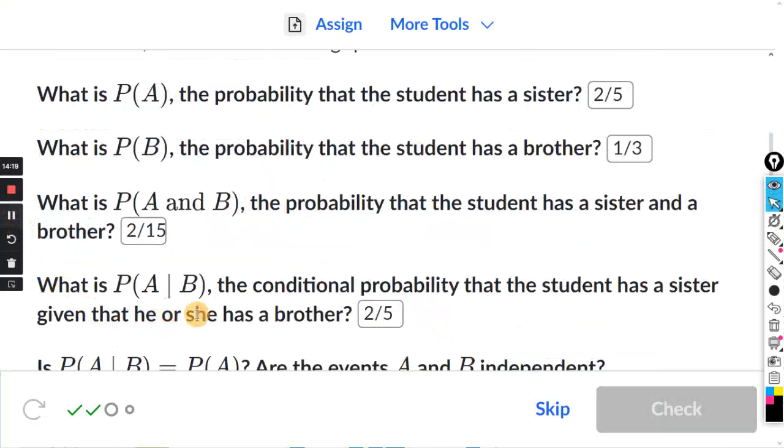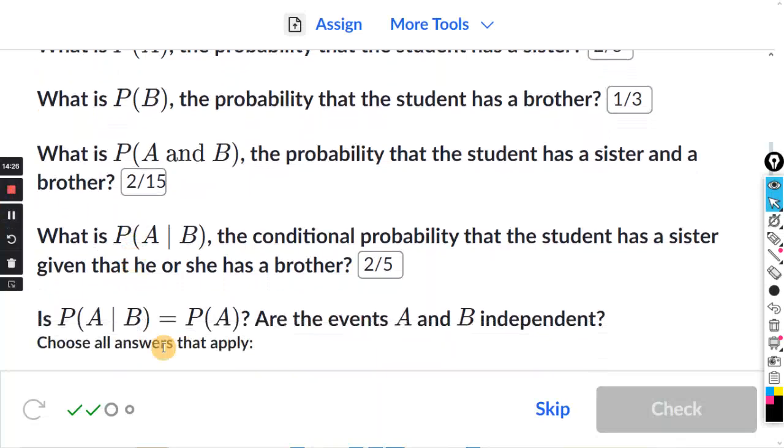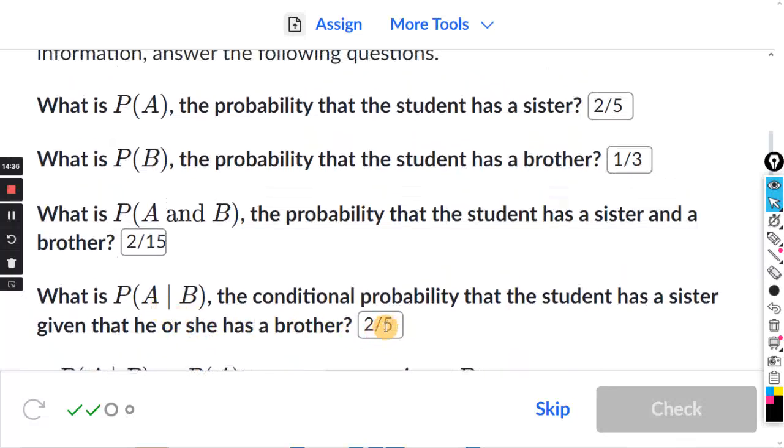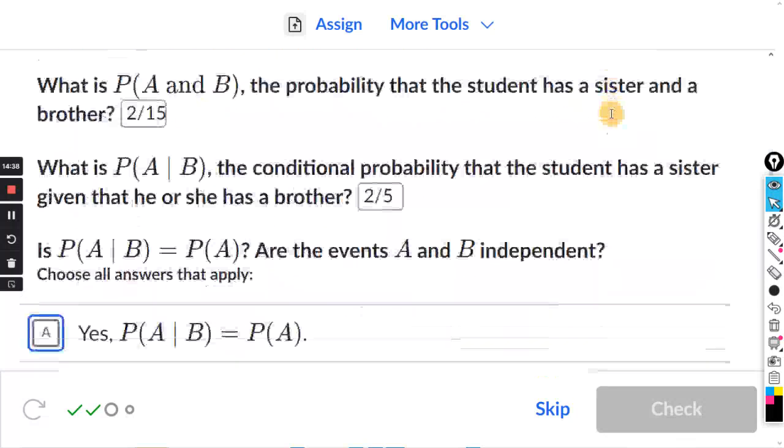So A given B is 2/5, and the probability of A equals 2/5. Let's see. Does A given B equal the probability of A? Yes. We can see right here, A given B is 2/5. Probability of A is 2/5.